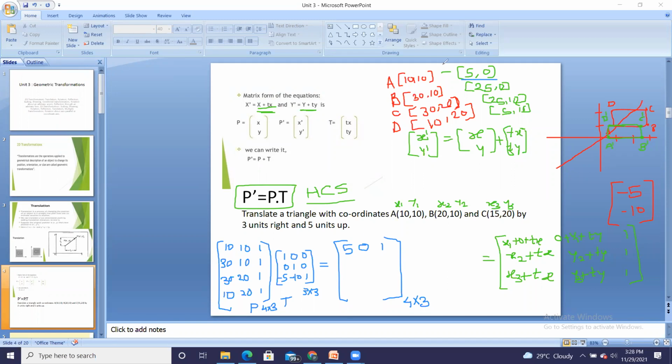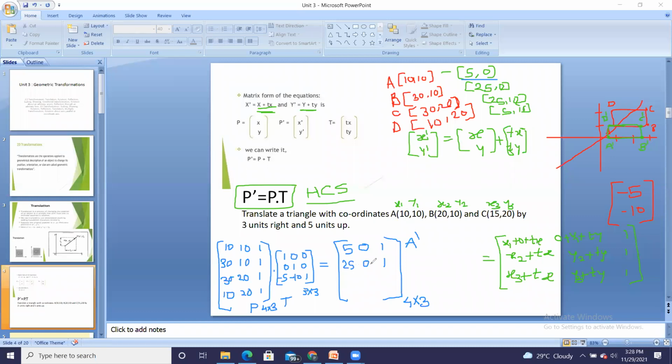Yes. So after performing the translation using this translation matrix in the matrix multiplication process, I will get the resultant A dash, which is the coordinate 5, 0, 1. Similarly, go for the second row. 30 minus 5 is 25, 30 into 0, 10 into 1, 10 minus 10 is 0, 1 as it is.